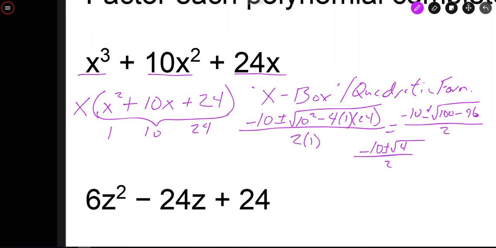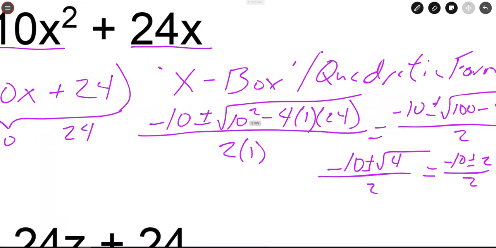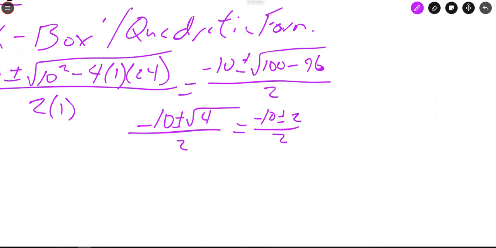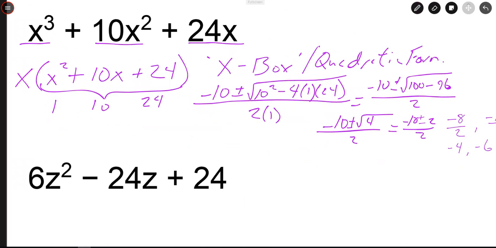Well, the square root of 4 is just 2, so it's really negative 10 plus or minus 2, all over 2. Negative 10 plus 2 is negative 8, so divided by 2 that's negative 4, and negative 10 minus 2 is negative 12, divided by 2 gives negative 6, for my 2 values.